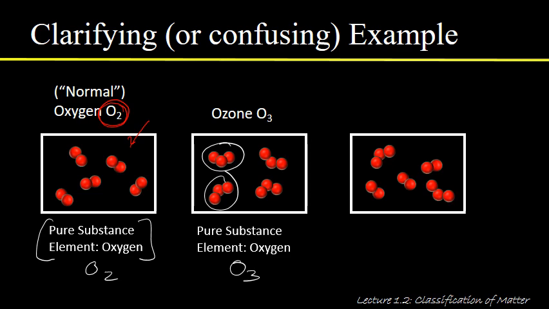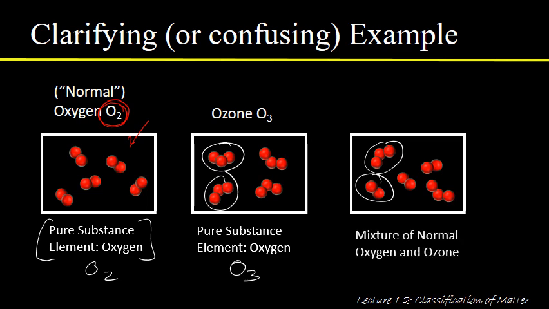But because we've got 2 different kinds of ultimate particles, it's a mixture, right? So in this case, we have something that is a single element. It's just oxygen, but it's not a pure substance. It's a mixture, right? Because we've got two different kinds of ultimate particles.